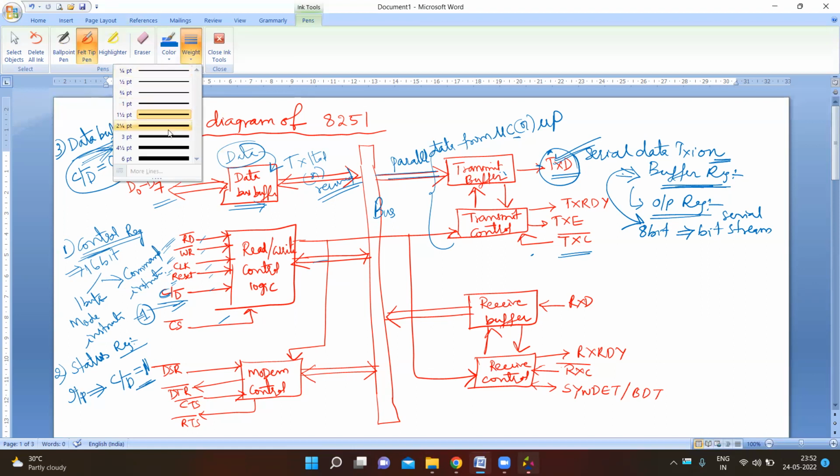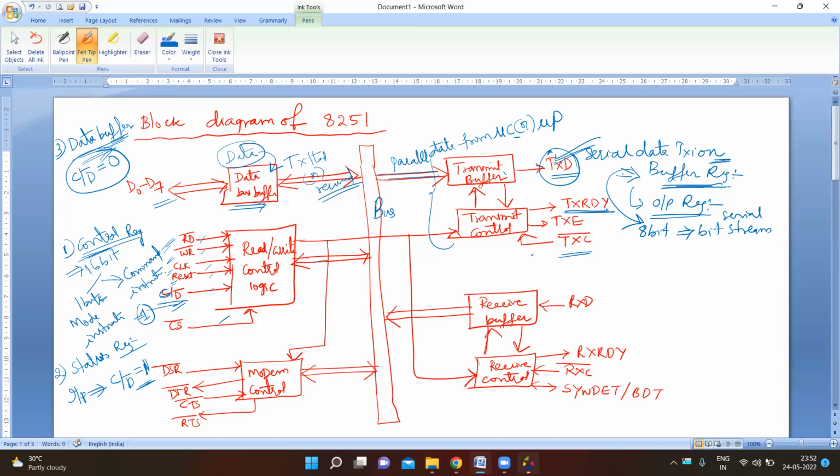Next one is transmitter ready, TXRDY. This is an output signal. When this signal is high, it indicates that the buffer register is empty and the 8251 is ready to accept a byte. It can be used either to interrupt the microprocessor unit or to indicate the status.